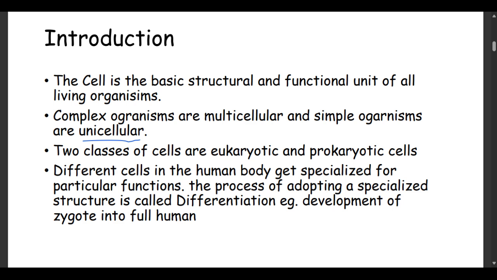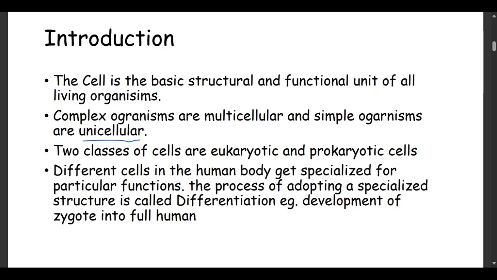All right, so the different cells in the human body that you're going to find are differentiated based on their functions. Although they originate from a single point of origin, you're going to find that they end up having different specializations, specialized for a particular function.